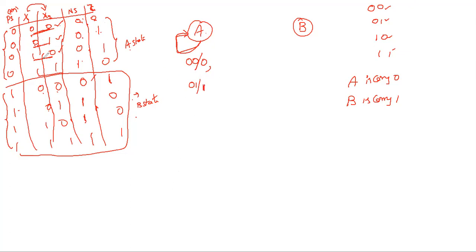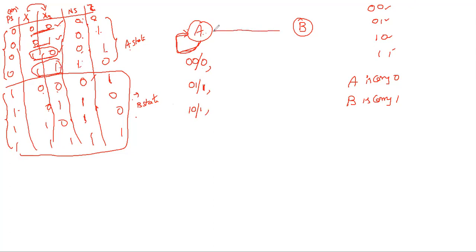Next, 1 0. For 1 0, the next state is 0 only. Again you are staying here. So put a comma. What is the next state? 0, and output is 1. So for 1 0, output is 1. Now for 1 1, next state is 1.